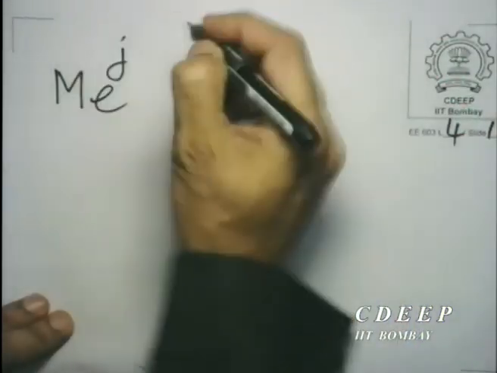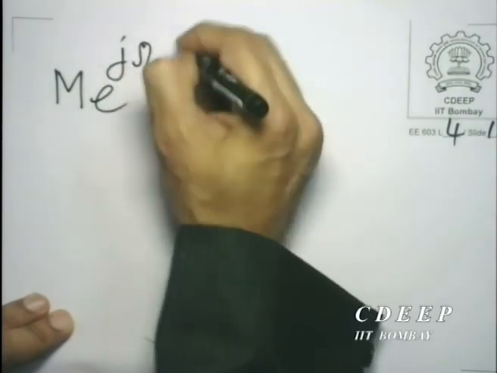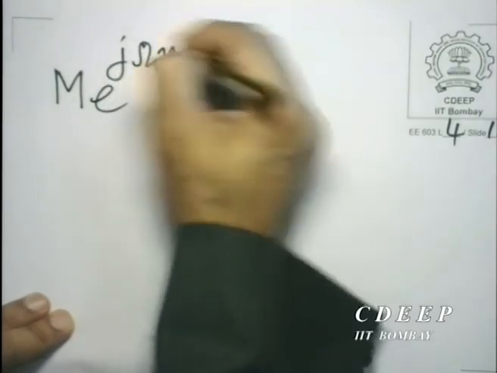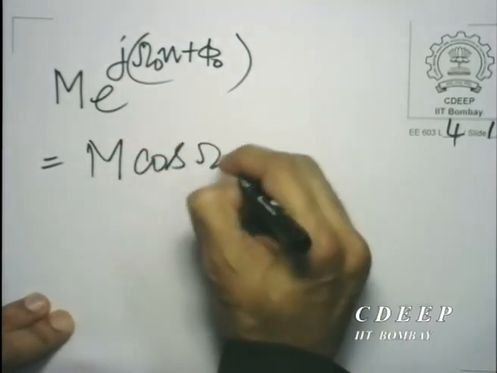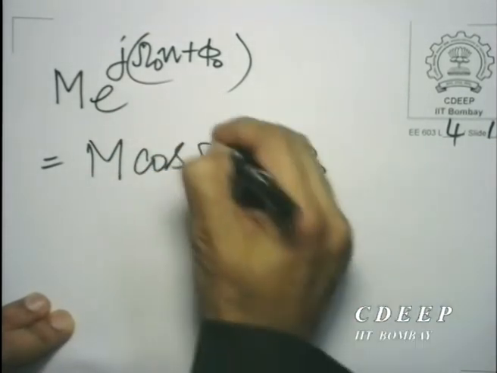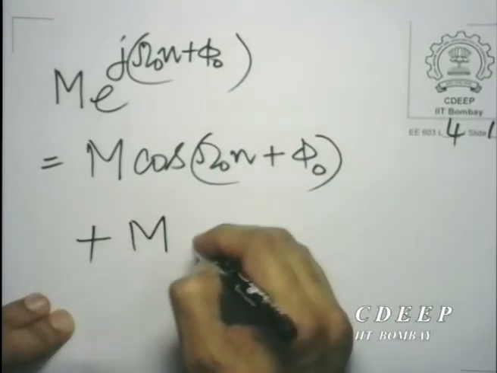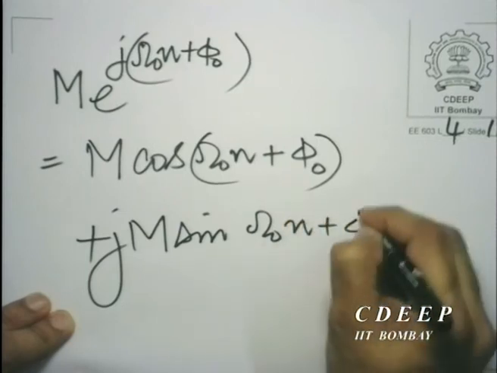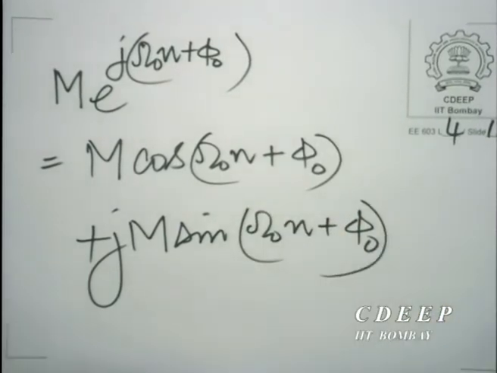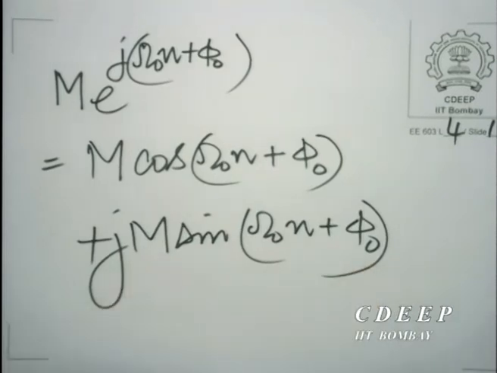Indeed, if you have a phasor m e raised to the power j (omega naught n plus phi naught), this can be decomposed as m cos(omega naught n plus phi naught) plus m times j sin(omega naught n plus phi naught). This is the real part and this is the imaginary part. Each of them is a sinusoid of the same frequency, omega naught.